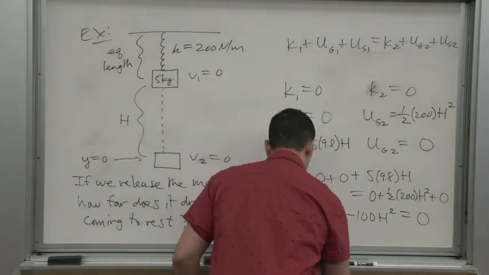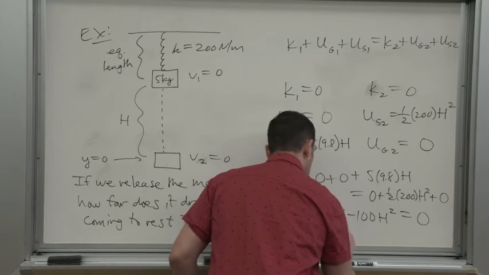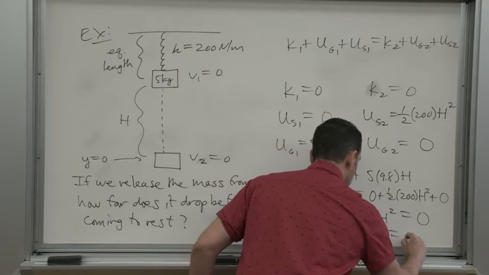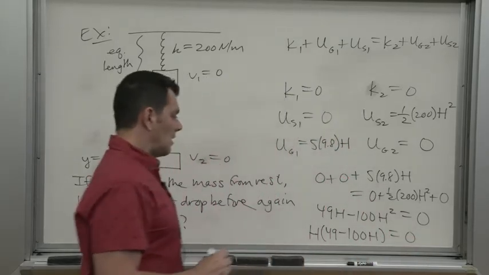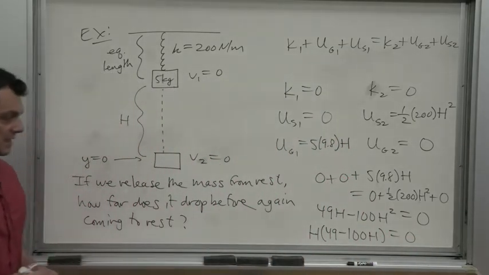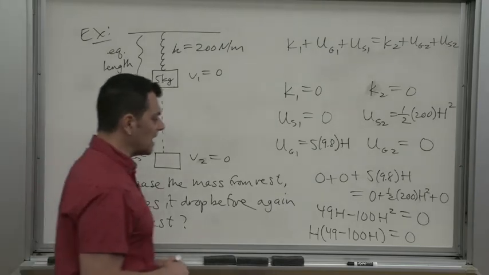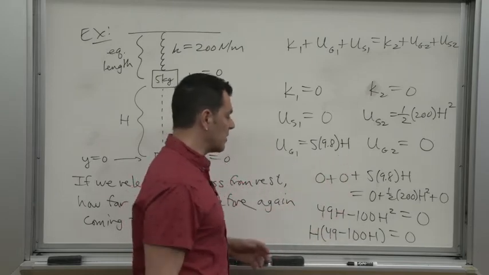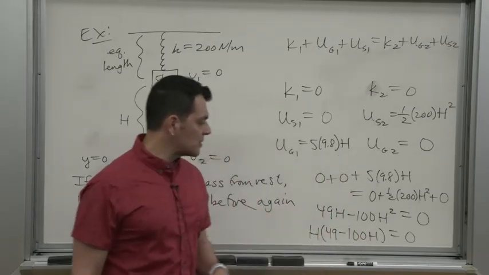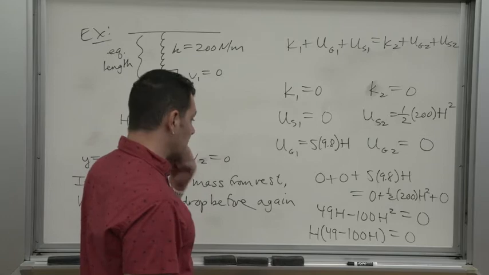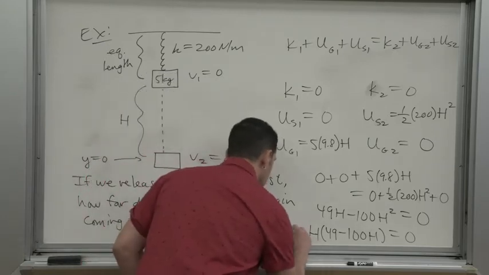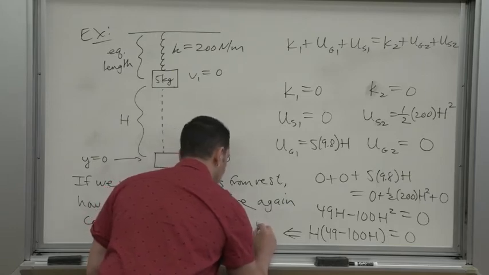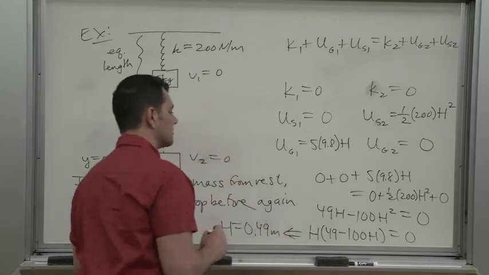Or I get h times 49 minus 100h is equal to 0. So one of the answers for h is that h is equal to 0, which is obviously the answer we don't want. The other one is that h is equal to 49 over 100, which tells me that h is equal to 0.49 meters.